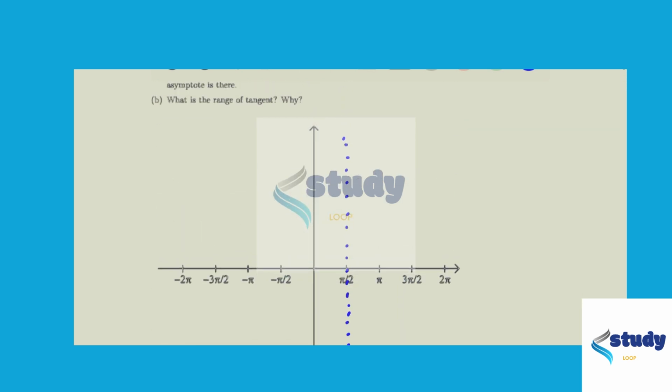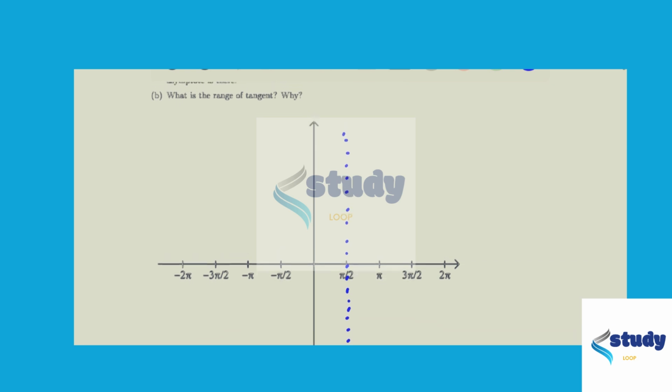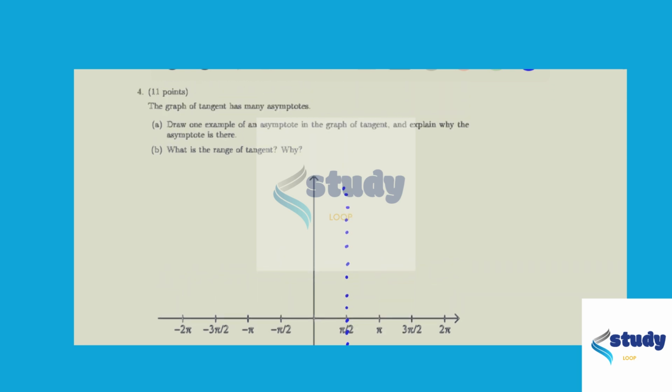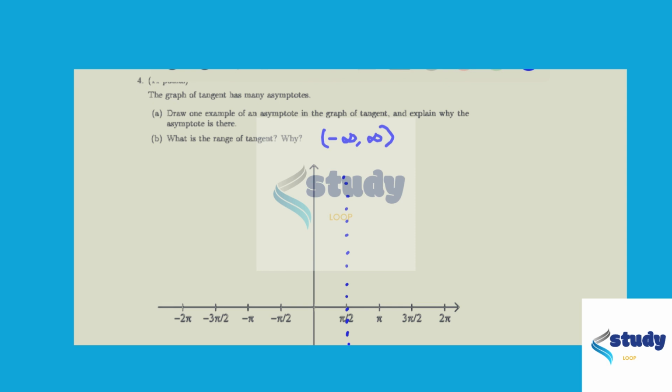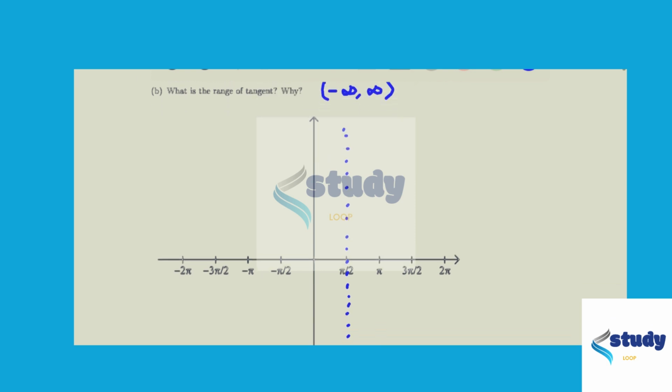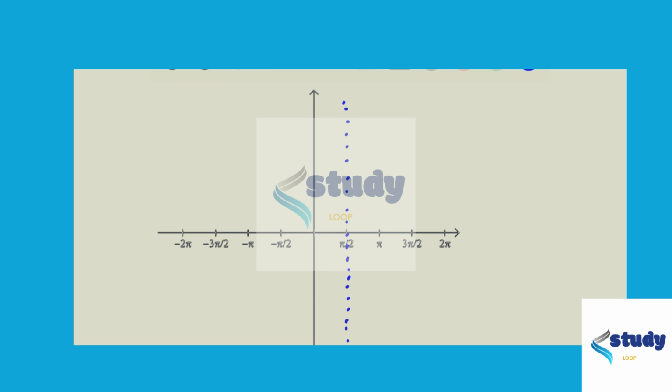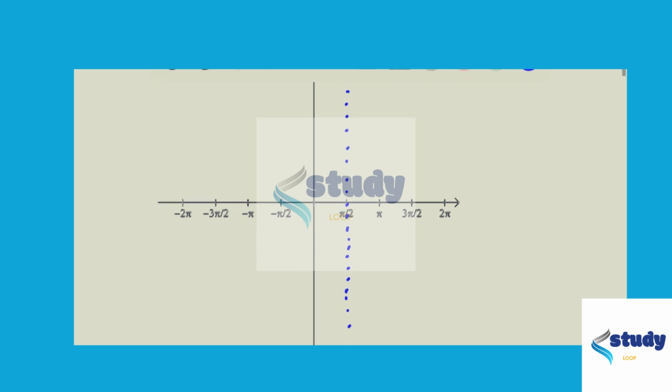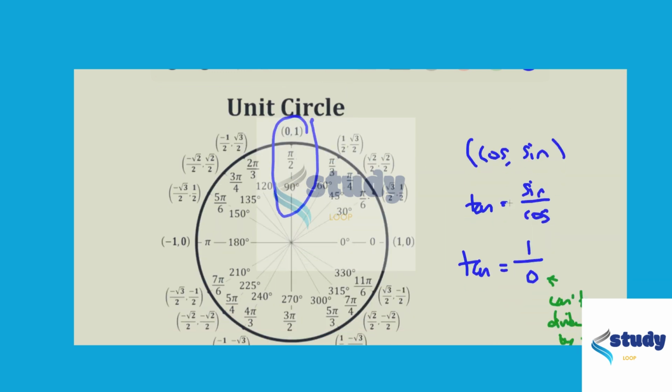asymptote on the graph. The range of tangent is all real numbers from negative infinity to infinity. And that's because, again, tangent is defined as sine over cosine.